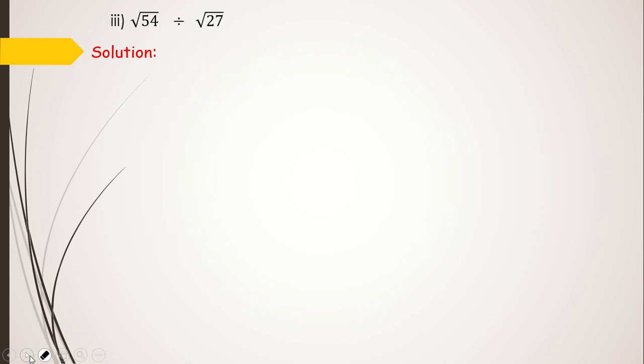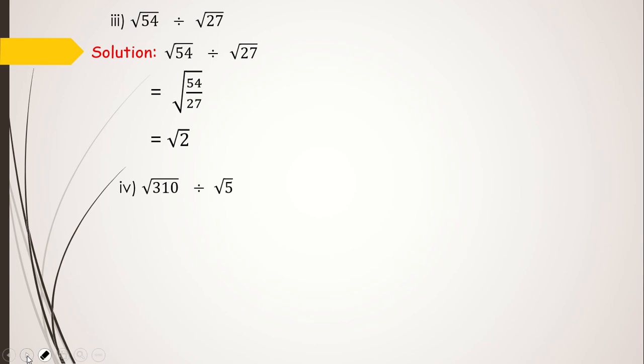Root 54 divided by root 27. Okay, 27 2s are 54. So 27 1s are 27, 27 2s are 54. So root 2 is the answer. Next question.